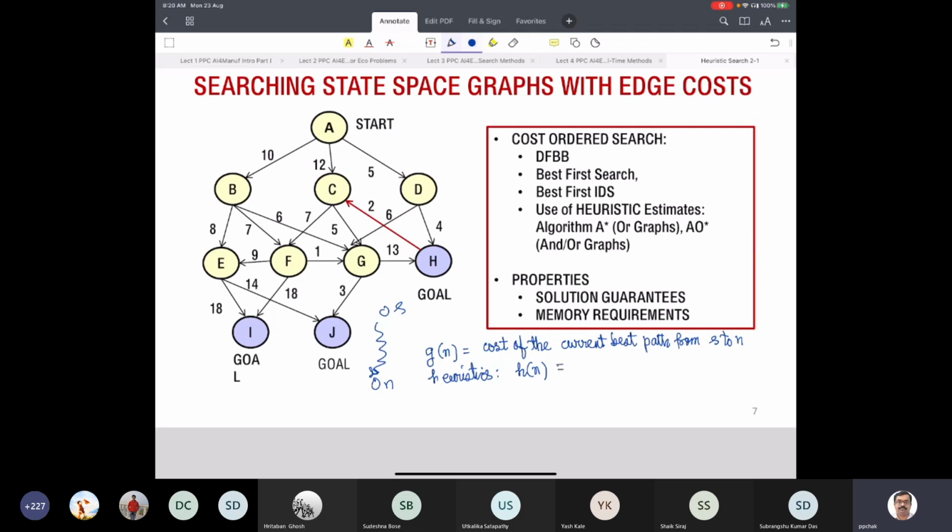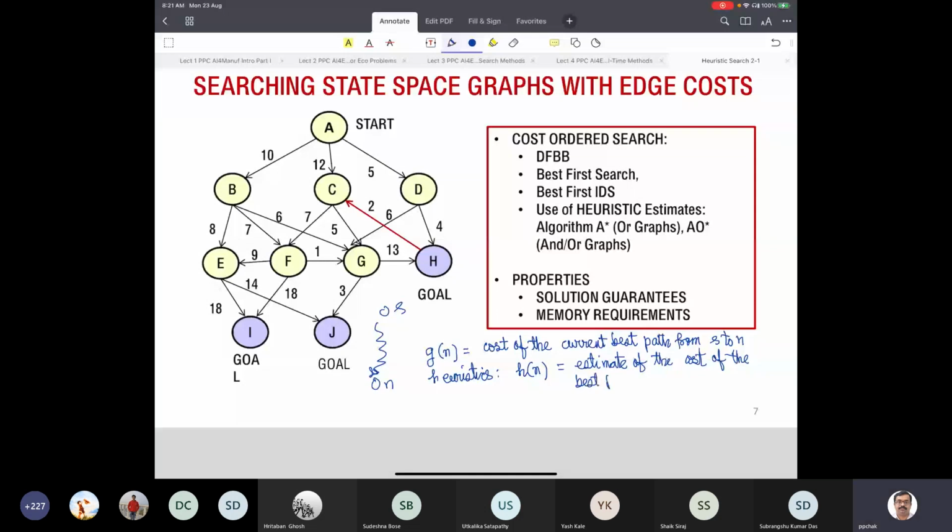Hn is equal to the estimate of the cost of the best path from n to goal.